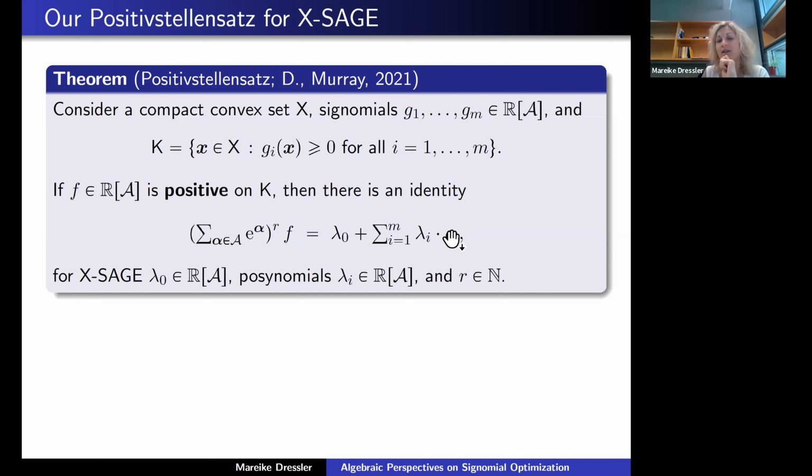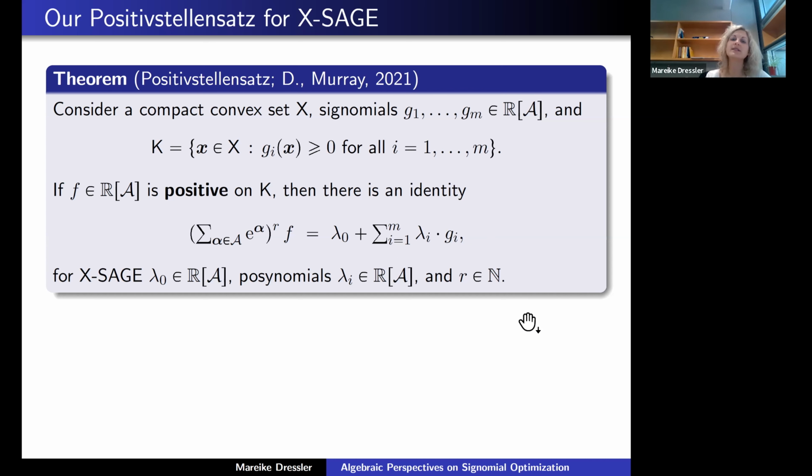And here are the constraining g_i's involved. So it is basically a linear representation in the g_i's with signomials or with X-SAGE signomials.